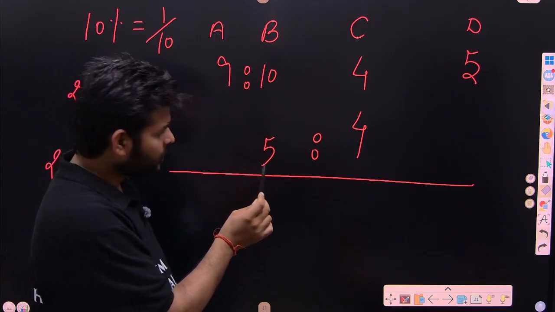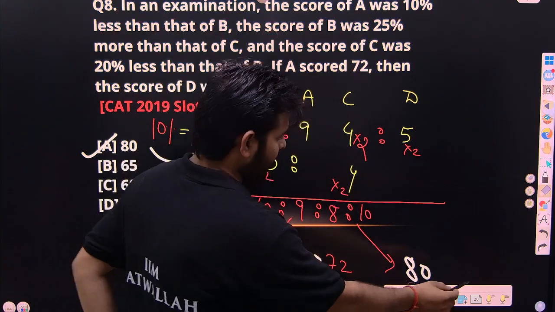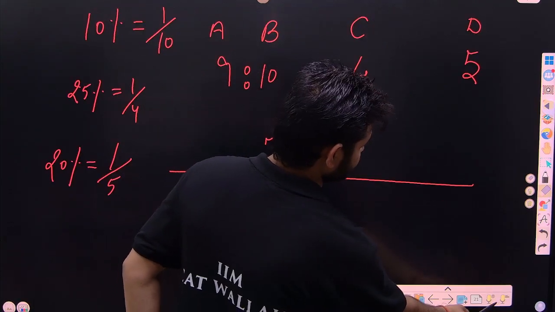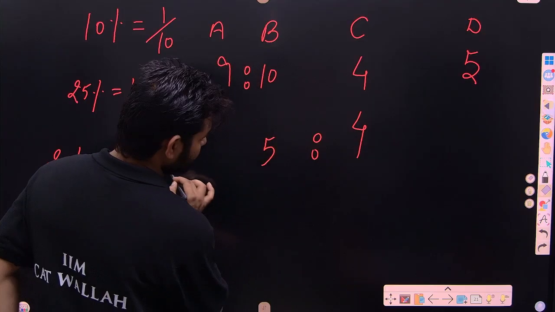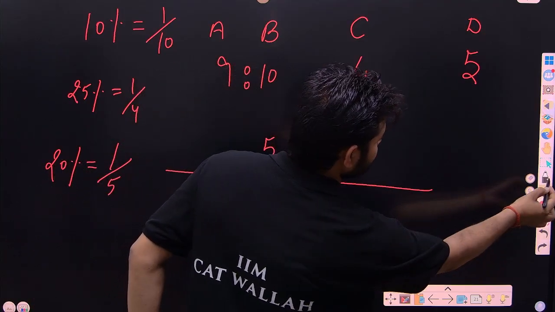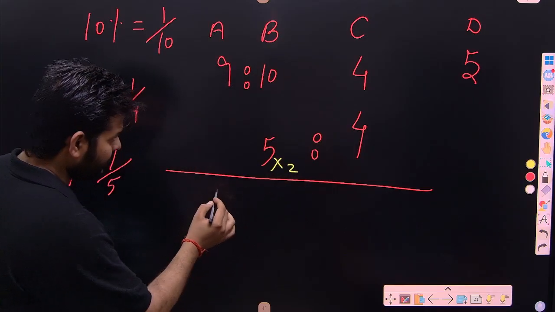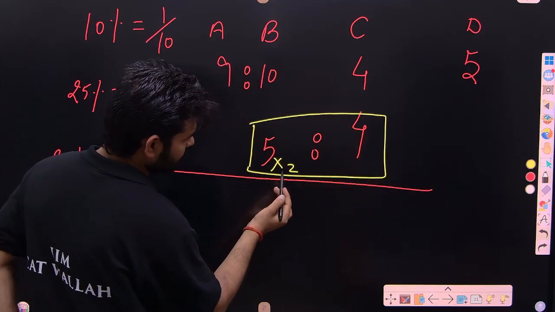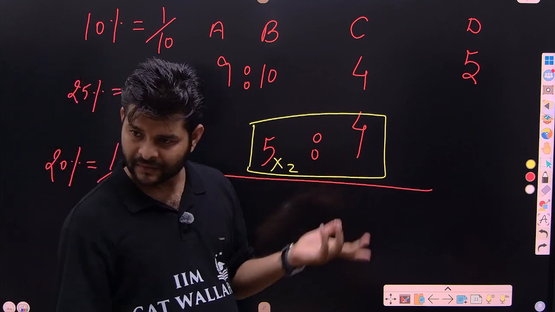What am I going to do? I am going to multiply by 2. But guys, we have this ratio. Whatever change I make here, the same change I need to make here.